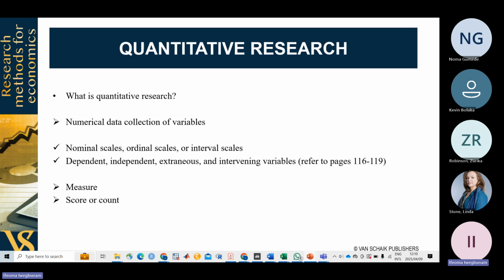You can refer to pages 116 to 119 of the recommended text to read further and understand these types of variables and how they influence your research. When you collect your data, you'll be able to measure, score and count, interpret your research reports and make inferences from the results you've gathered from the research.